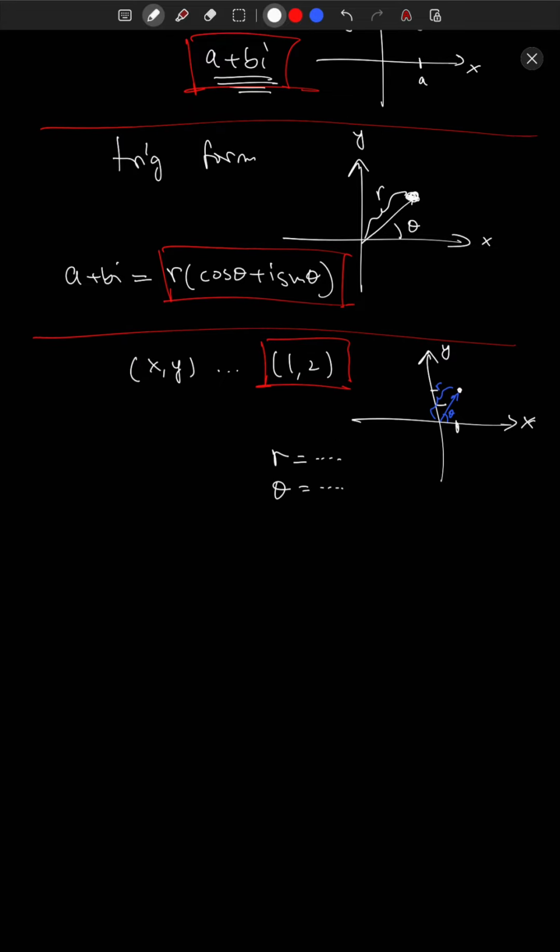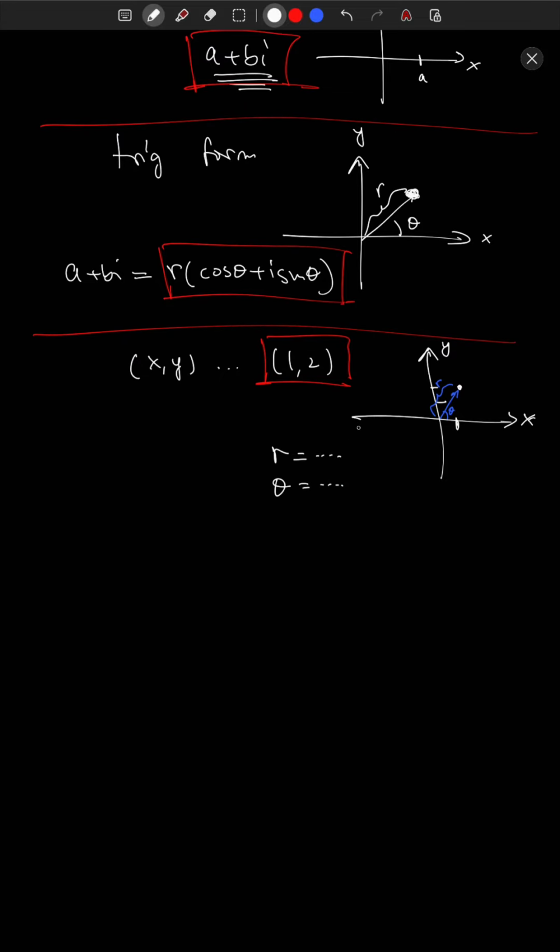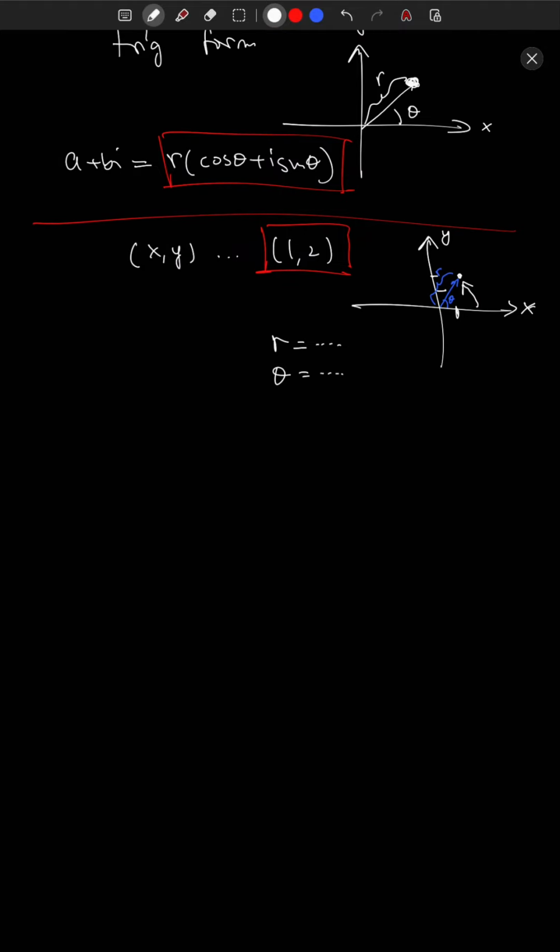Theta is the angle with the positive x-axis, and r is the distance to the origin. So we're already comfortable with transitioning between the two coordinate systems: rectangular versus polar coordinates.